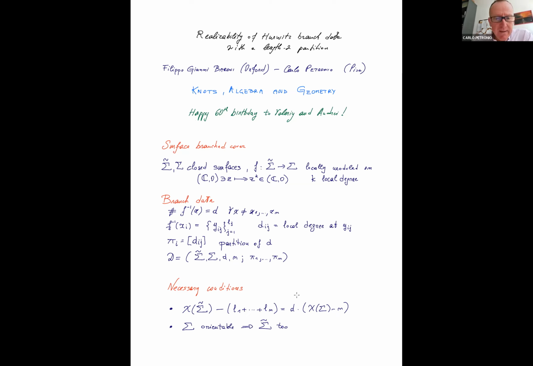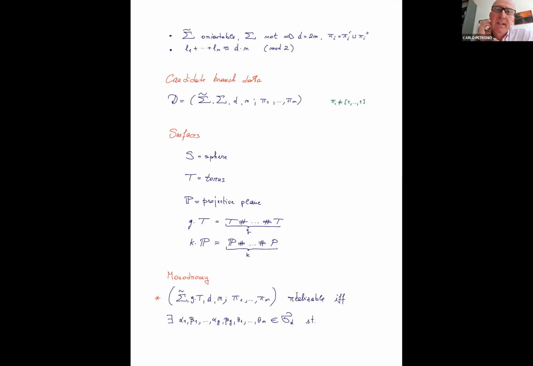Then there are some easy conditions. So if sigma is orientable, of course, sigma twiddle also is. If sigma twiddle is orientable upstairs, but sigma is not, then the branched cover must factor through the orientation cover of sigma.